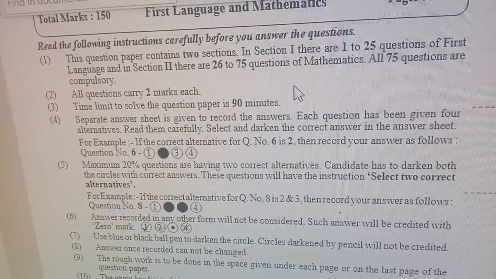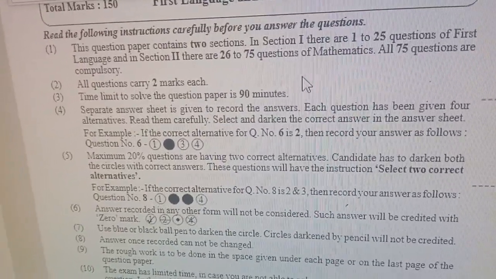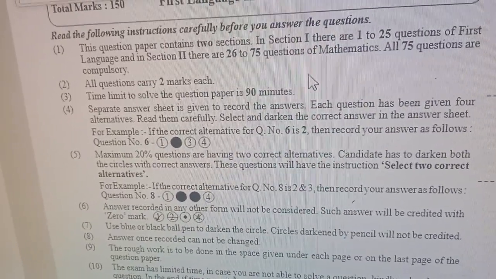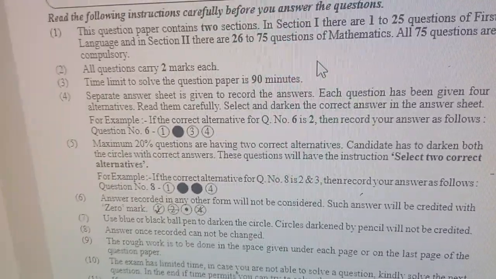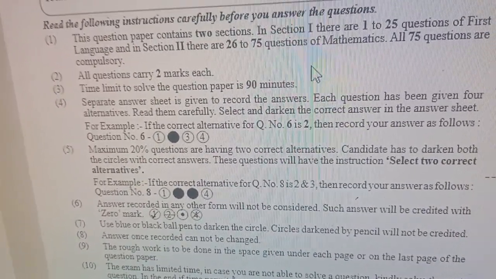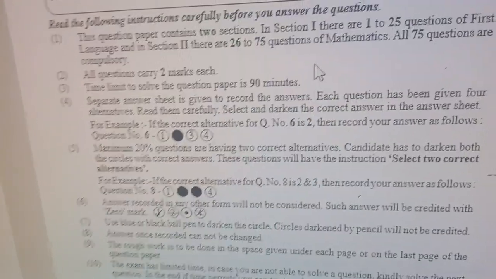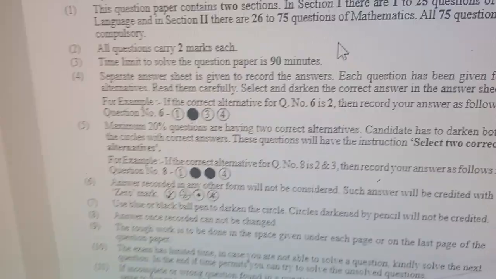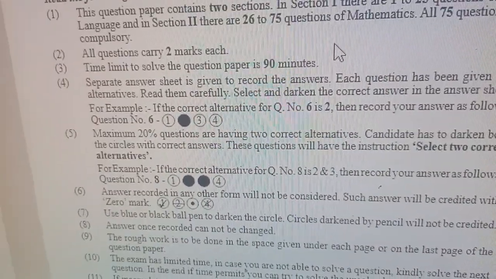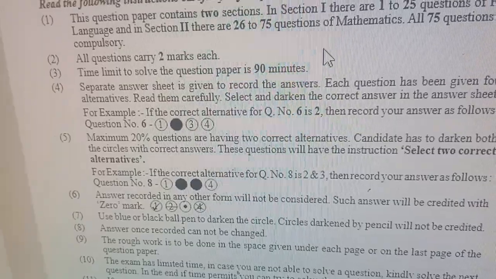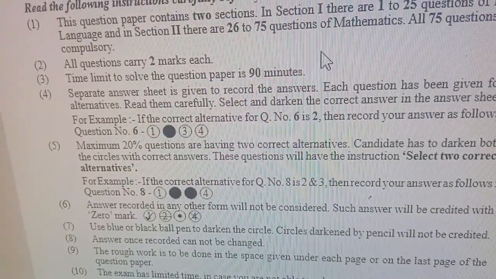Question number 8: first is not an answer, second is an answer, third is an answer, fourth is not an answer. Somewhere your answers may be second and third, or first and fourth. So if there are 2 options for your answer, you have to darken 2 circles. An answer recorded in any other form will not be considered.